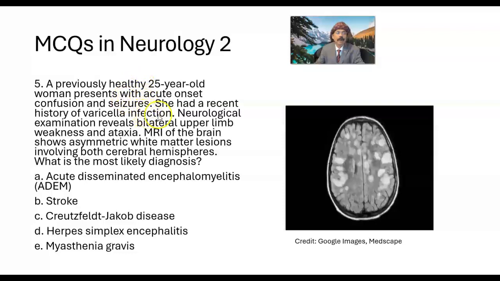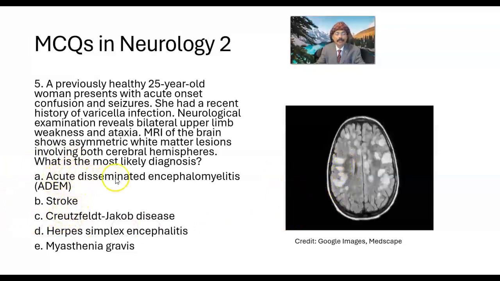There is a history of varicella infection. A 25-year-old woman, acute onset of confusion and seizure. MRI shows asymmetric white patches. Okay, so what is the diagnosis?